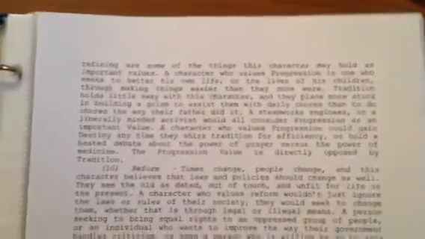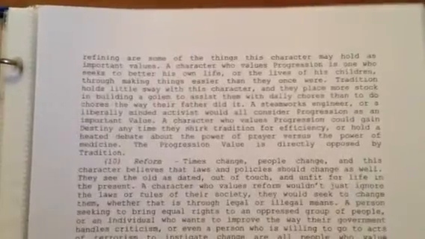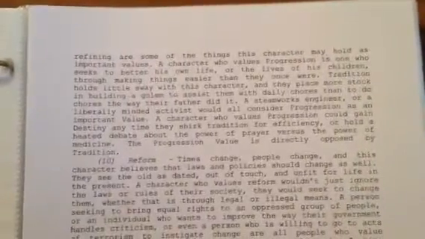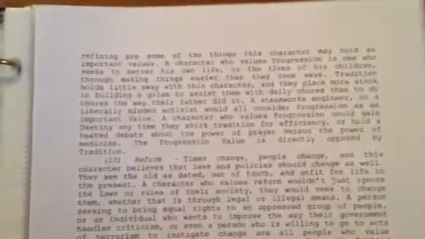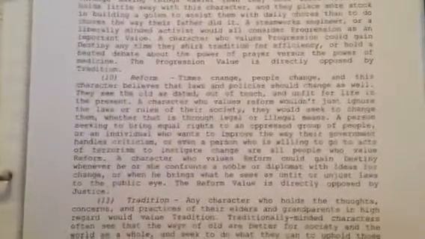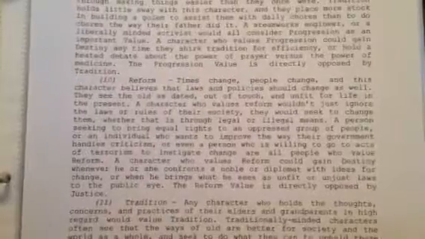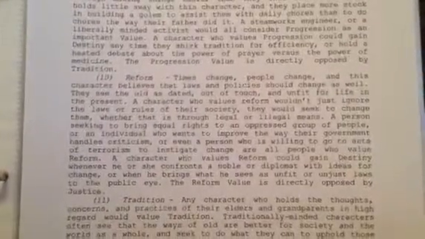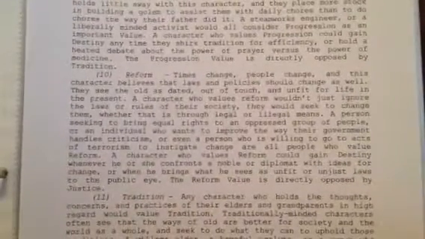Progression is the next, and that's all about learning and academia and discovery, and progression is going to directly oppose tradition. Characters who value progression are going to be all about learning about the world around them, exploring, and that sort of thing. Reform directly opposes justice. Characters who value reform want to see current laws change.